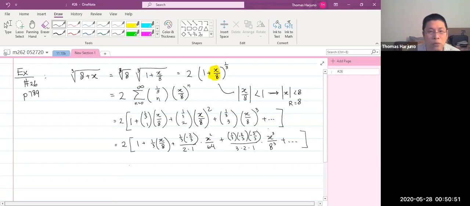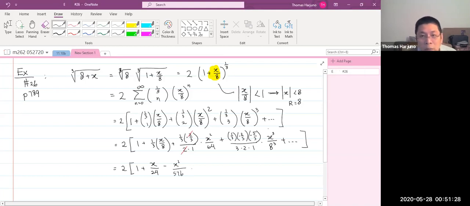This is 2 times 1 plus x over 24 minus, 9 times 64 is what? The 2 cancels, right? So 9 times 64 is 576. This is x squared over 576.